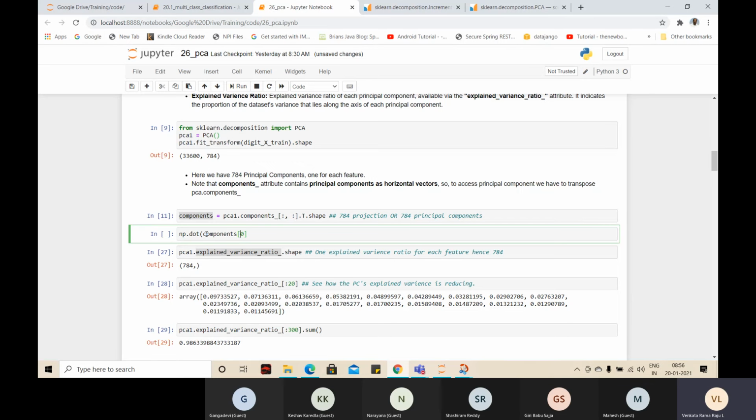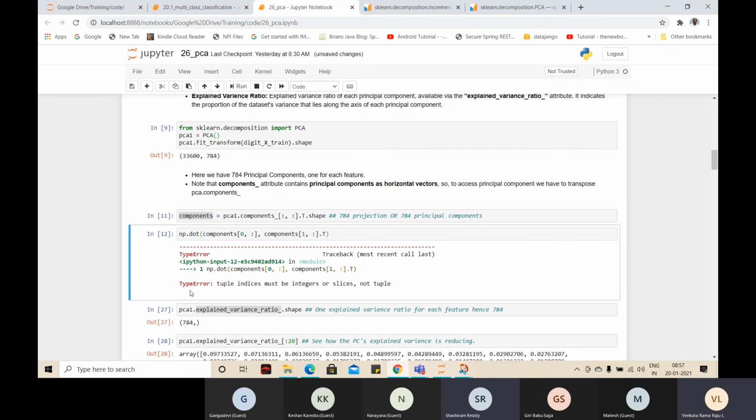All columns, first row, that is the first vector. Is that correct? Oh, okay, I took the shape, sorry.